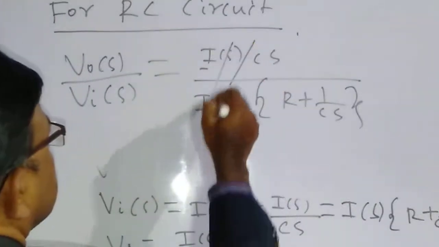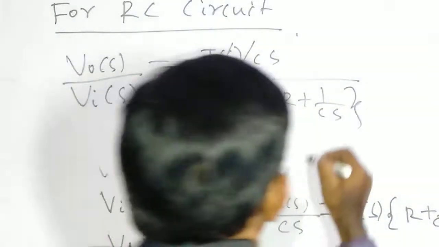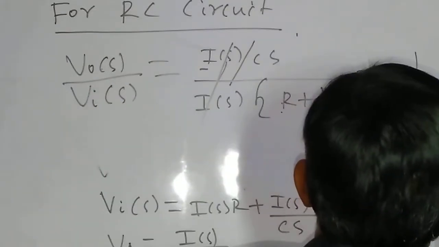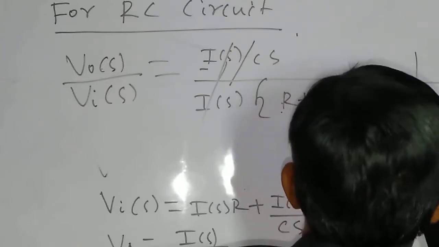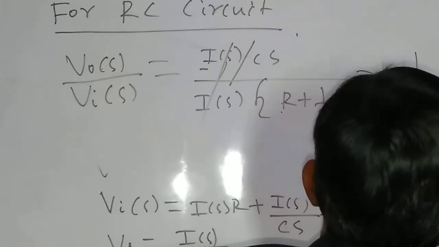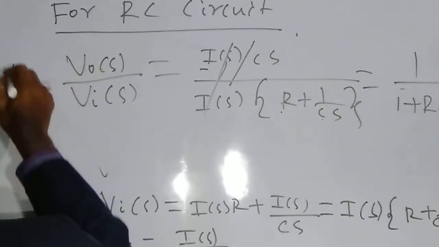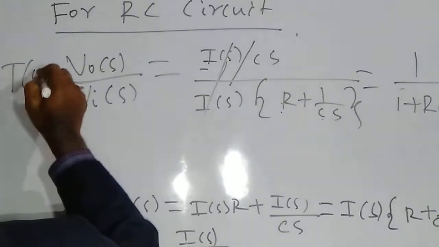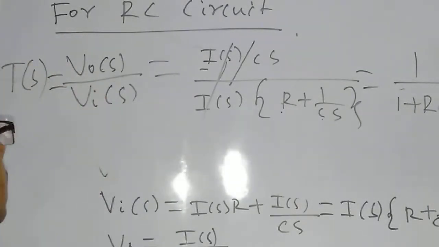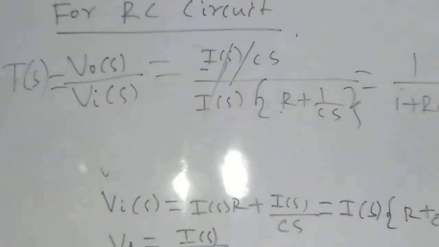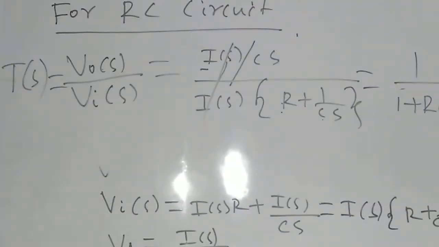So I(s) will be cancelled, then Cs will be cancelled after taking LCM, therefore it is also 1 by 1 plus RCs, the transfer function. So same way we can find out the transfer function of the system, that is same from the block diagram, and directly we can calculate from the differential equation.